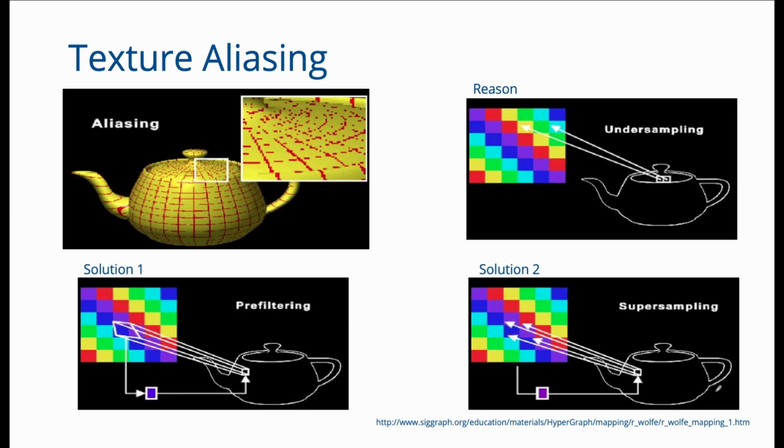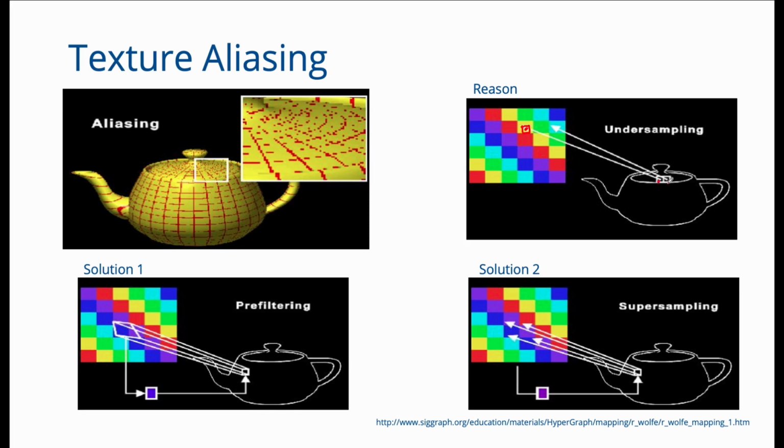Texture aliasing, however, is a generic problem, and texture aliasing occurs because of the following reason. It can happen that a large part of the texture maps to a small part of the rendered image on your screen. You can see here that this texel has mapped onto this pixel.